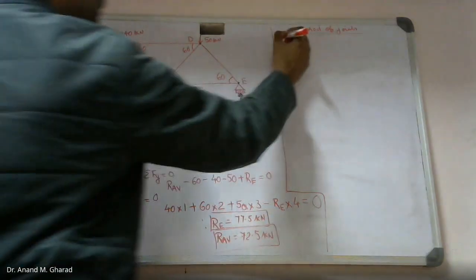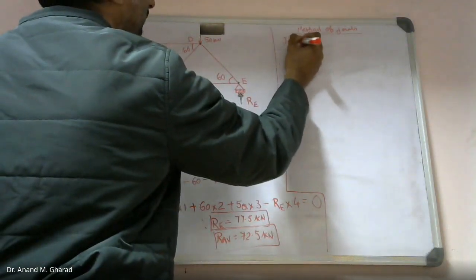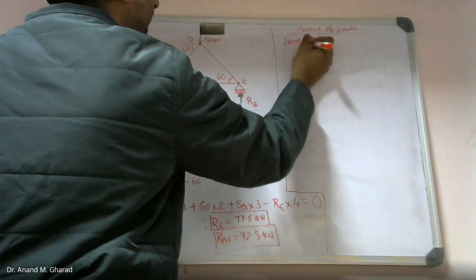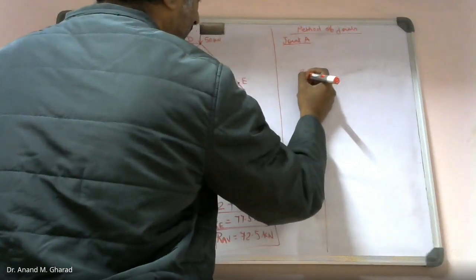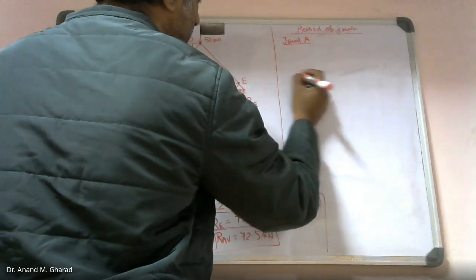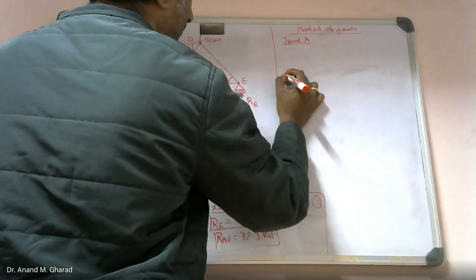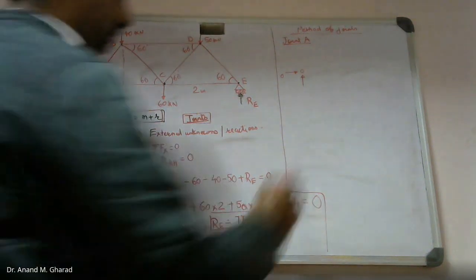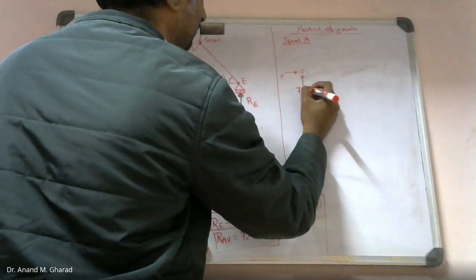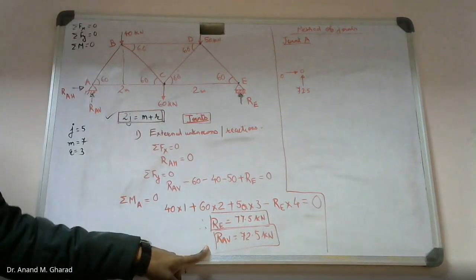Let me consider joint A. At joint A, there are two reactions, out of which one is 0, whereas RAV came out to be 72.5 kilonewton.